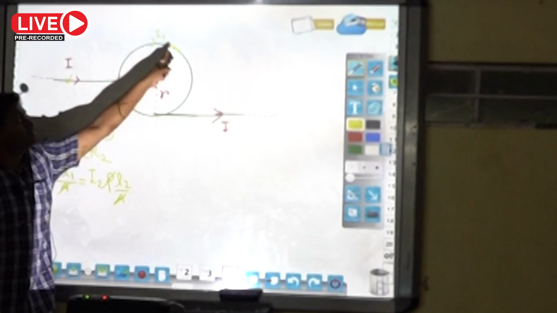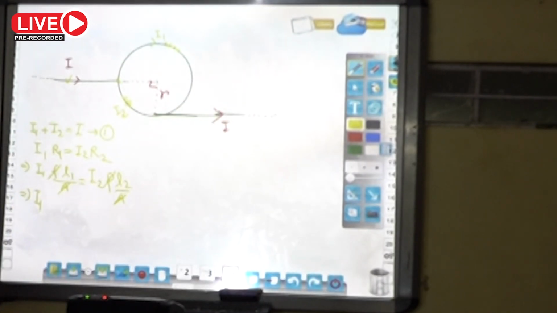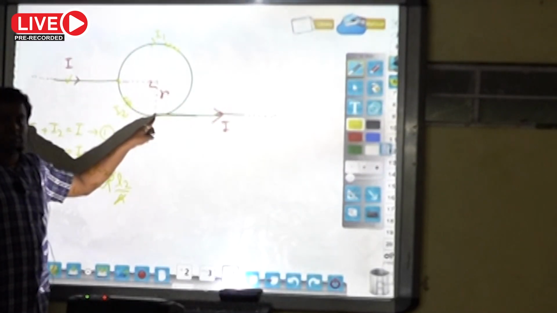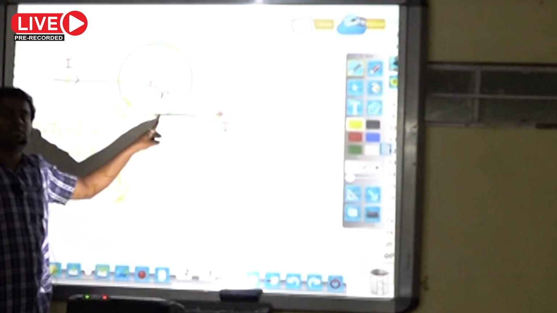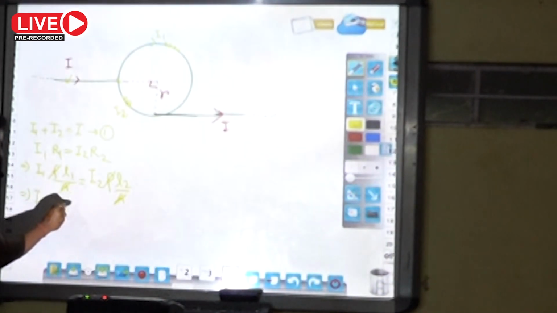L1 is the length of the upper part, that is 3/4 of the circumference, so 3/4 into 2 pi r.